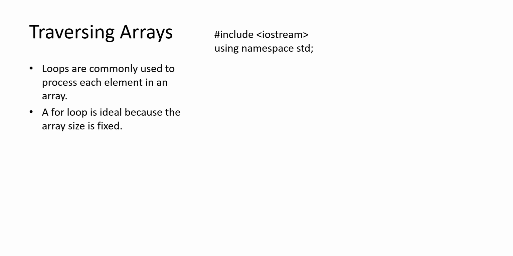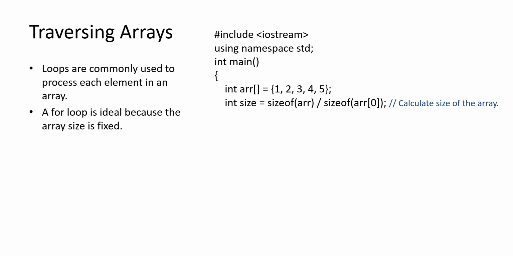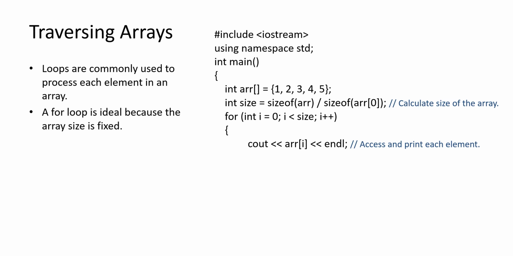Now let us see how to traverse an array. Traversing means visiting each element one by one. First method: using a loop. The array size is calculated using sizeof of the array variable divided by sizeof of the array's first position. The loop runs from 0 to size minus 1 and prints each element.